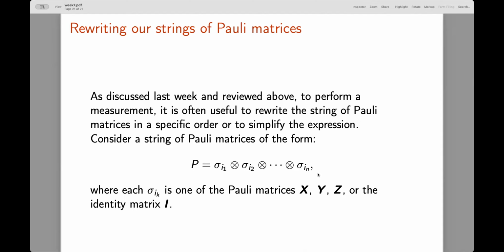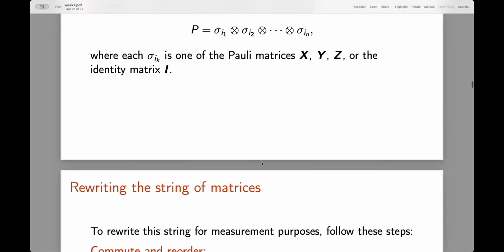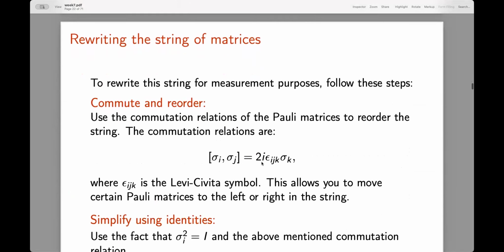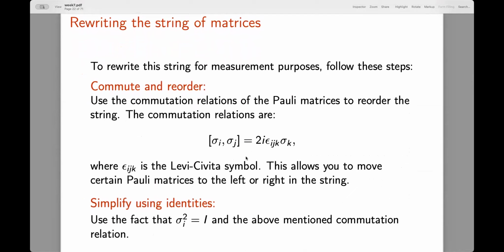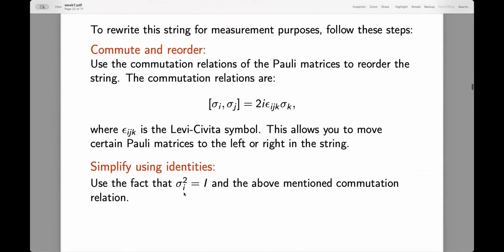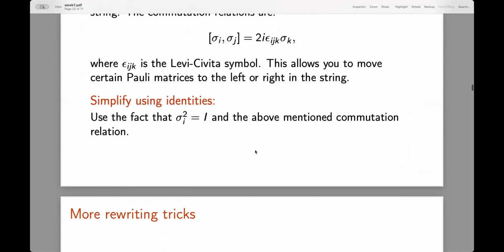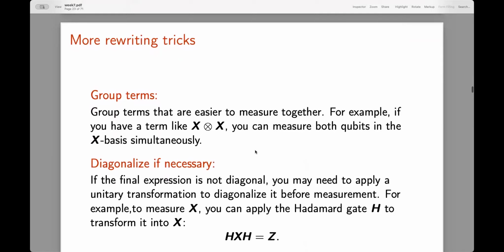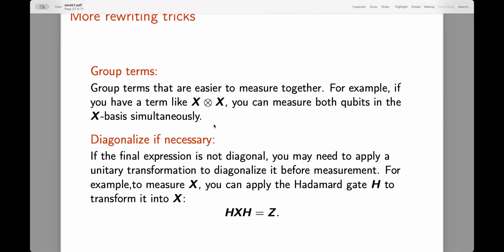So with the Pauli matrices, one of the ways you can do that is to use the commutation relations between the matrices. You can also use the fact that the matrix squared is equal to the identity. What you would typically do is group terms that are easier to measure together.